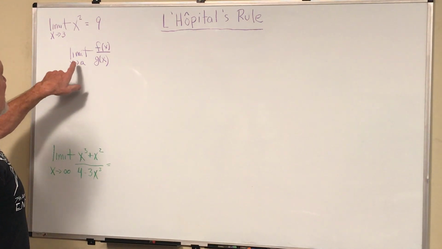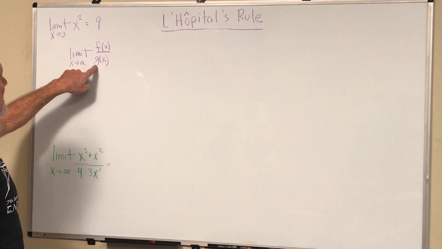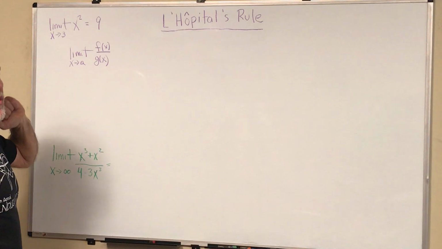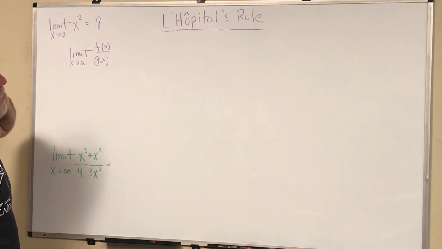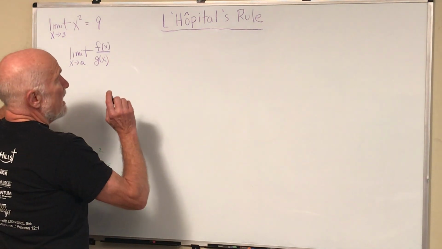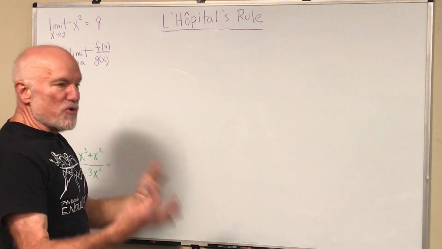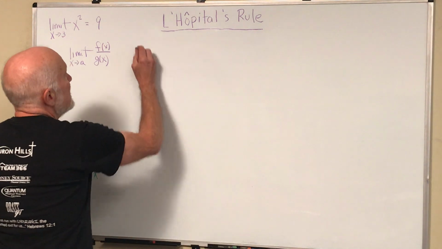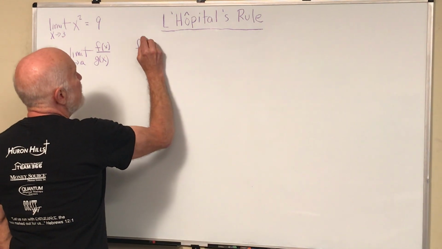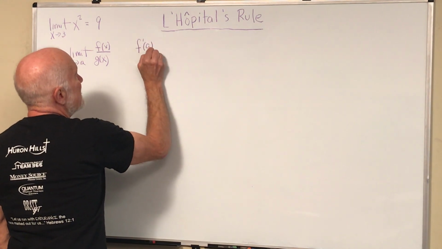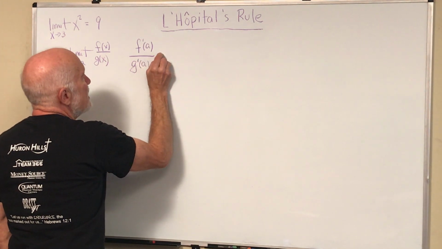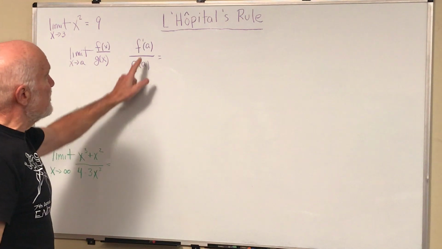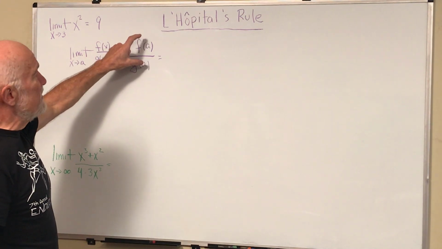So say you go to take the limit as x approaches a, and you get an indeterminate form, the numerator and denominator. So right now, what I'm going to do is just a proof. So just kind of follow. If I have f prime of a over g prime of a, we now have these formulas that we've determined for derivatives.